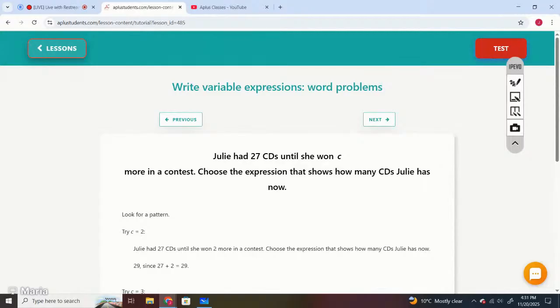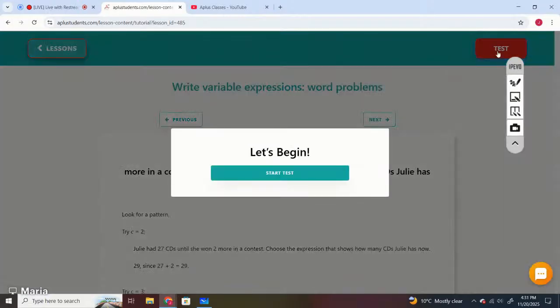So that is 27 plus C, right? Because she has C more than 27.